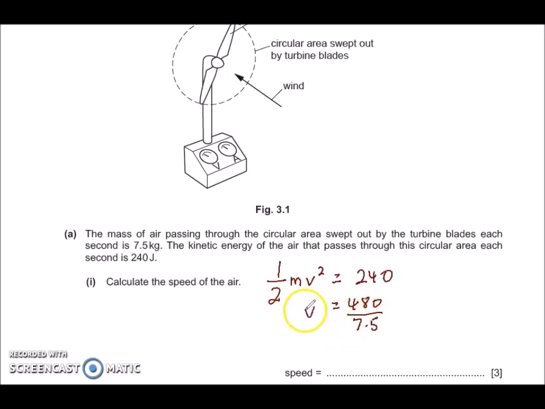And then don't forget your speed is the square root here. Can you calculate this? 480 divided by 7.5, you got 64. So if you square root this, you get around 8. So just put 8 meters per second. You okay with this question? Okay, so you got 3 marks there.